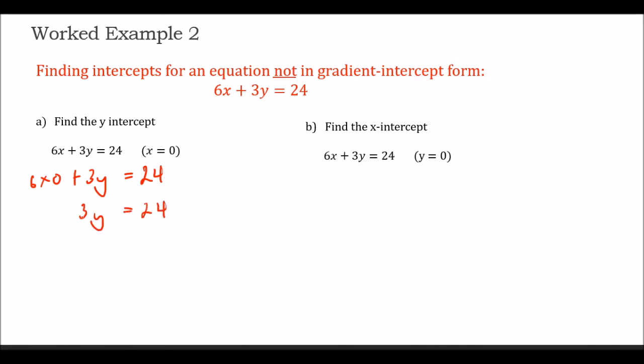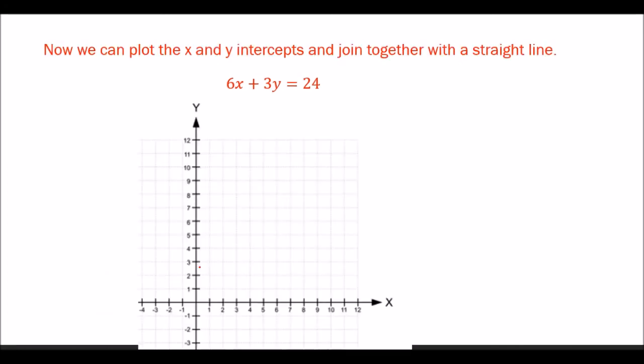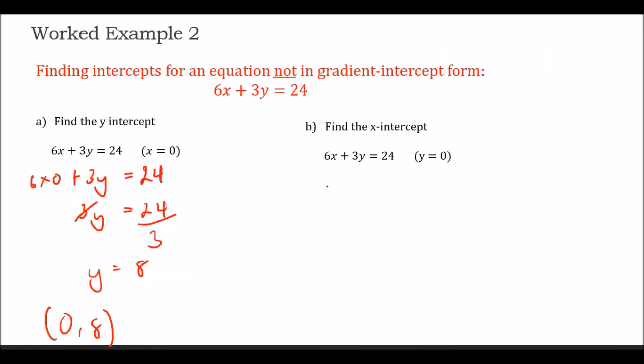Now isolate that y. It's times 3, so it becomes divide by 3. y equals 8. So the coordinate, because x is 0, is 0, 8. That's my coordinate.